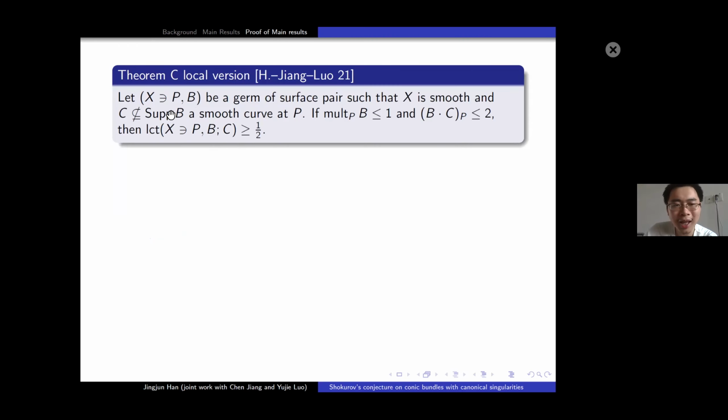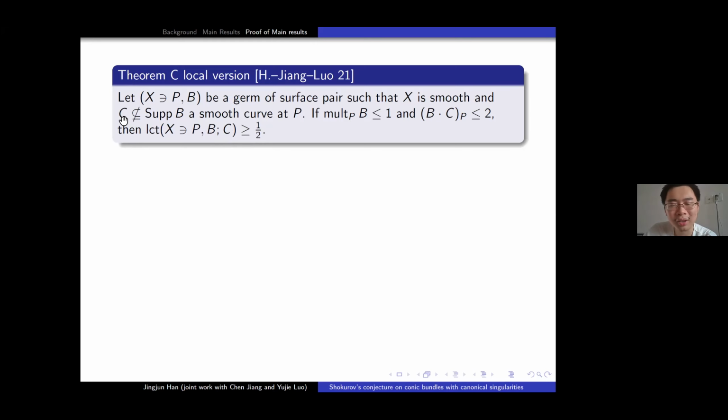Let XB be a germ of a surface pair. This means that there's a usual pair XB, and I have a closed point P on X, such that X is smooth, because in our simplified version of theorem C we reduce to the case that the ambient variety X is smooth.